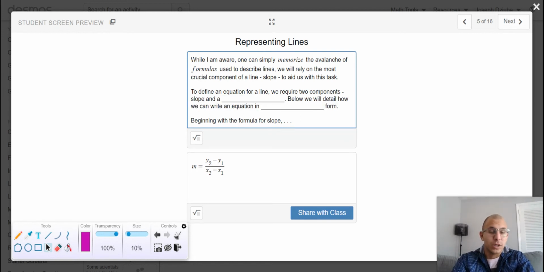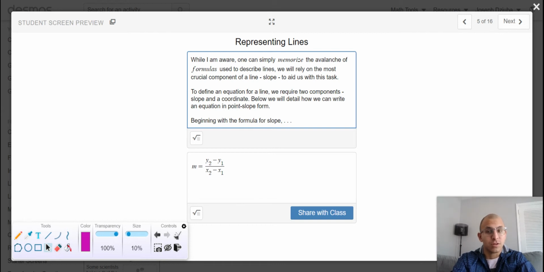So when we're defining an equation for a line, we require 2 components, slope and no, it's not the y-intercept, a coordinate, aka a point. I would say the most essential form of a line would be one that we in the math realm notate as point slope form. And it all begins with the formula for slope.